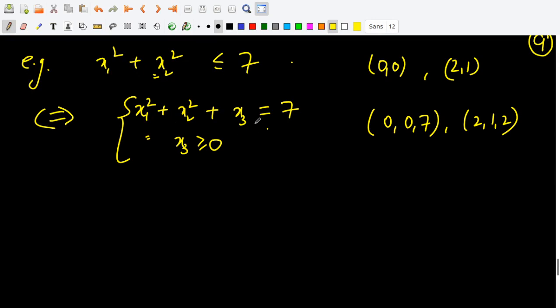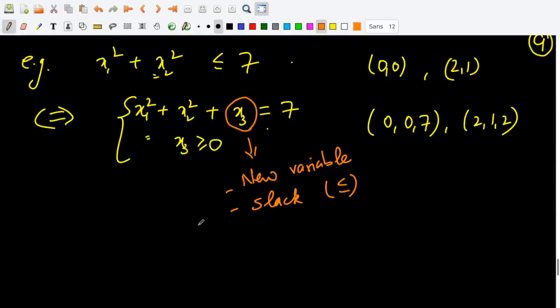This variable, which we have added ourselves, was not there in the original problem. We have added it to transform it into the form that we like, and this is called a slack variable. Slack variables are variables that we add to less than equal to constraints.